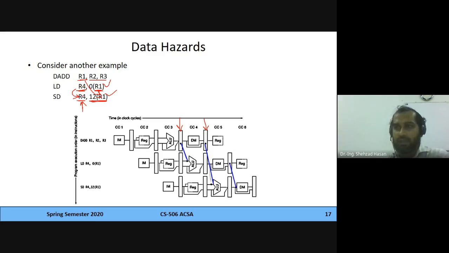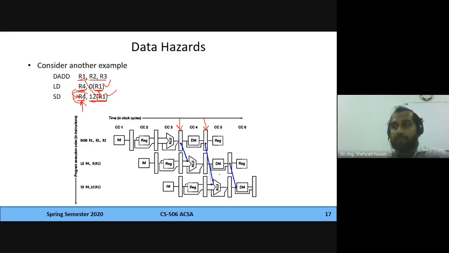Now this is a new thing here: load producing a result and store using that result in its memory stage, because store has got two source registers, and they are used at different points. Normally, if there are two source registers, both are used in the execution unit. But in store, one of them is used in the execution unit, and the other one, R4, is used in the memory stage.